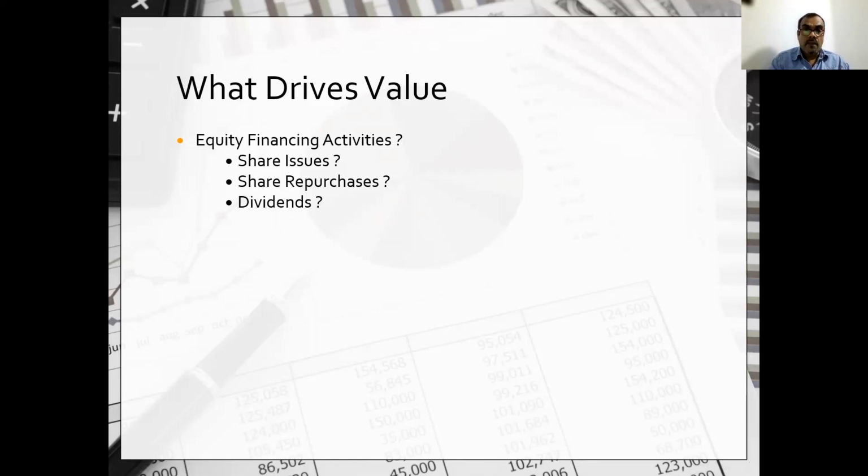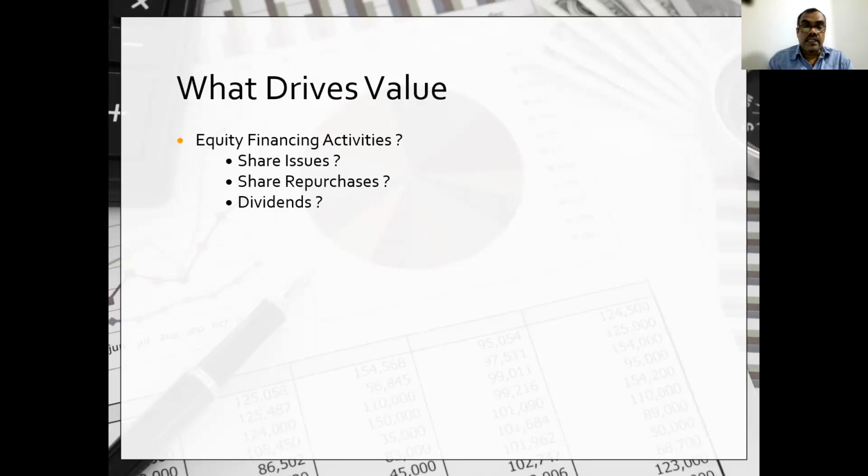Therefore, even though financing activities do not generate any value within the corporation, capital structure may alter the return on equity compared to return on assets. Return on equity compared to return on assets.